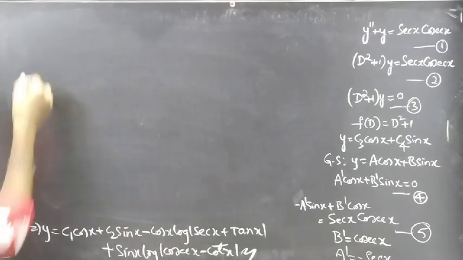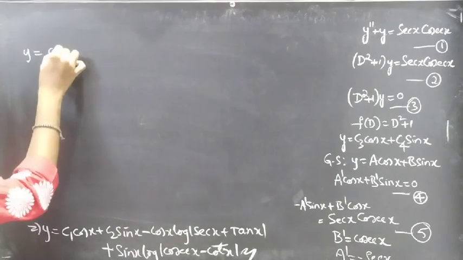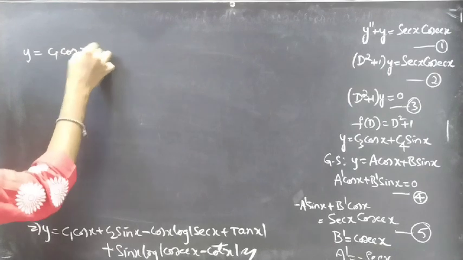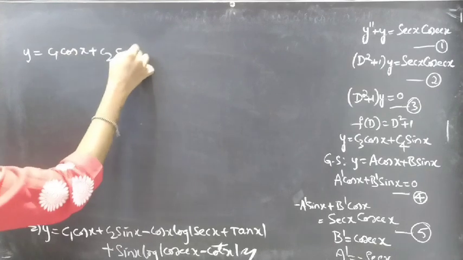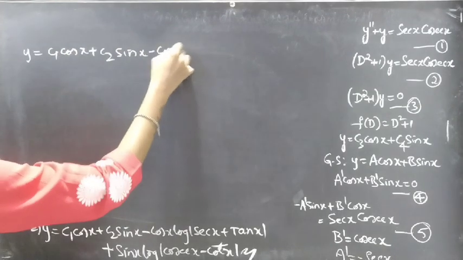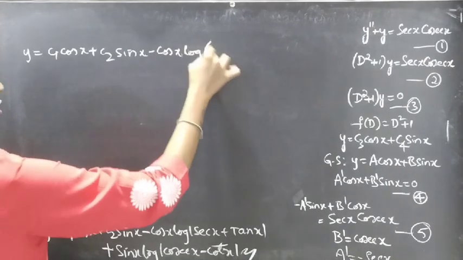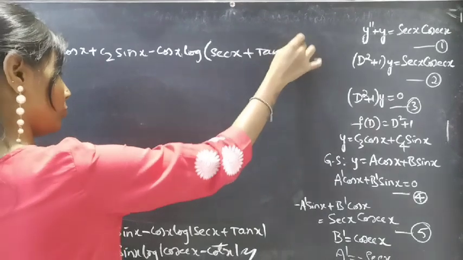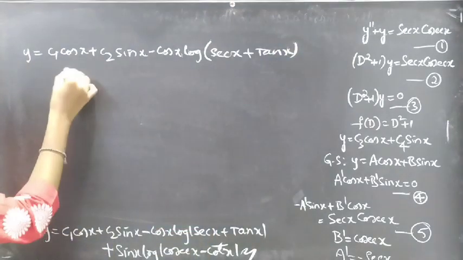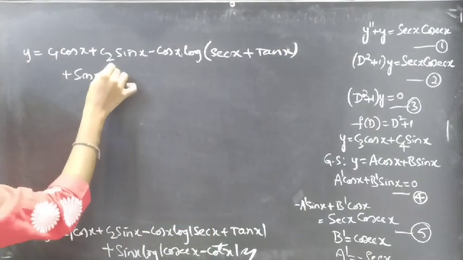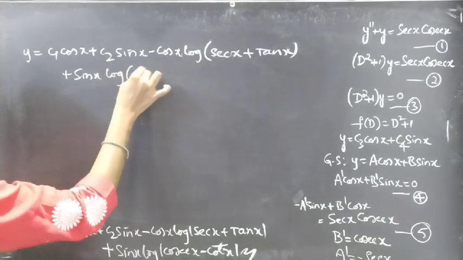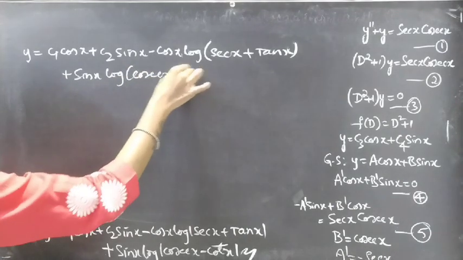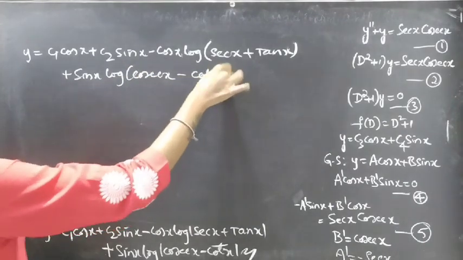Or we can write it as y equal to c1 cos x plus c2 sin x minus cos x log of secant x plus tan x plus sin x log of cosecant x minus cot x.